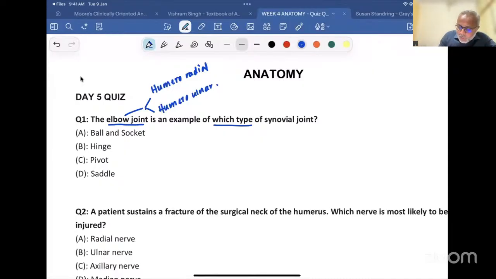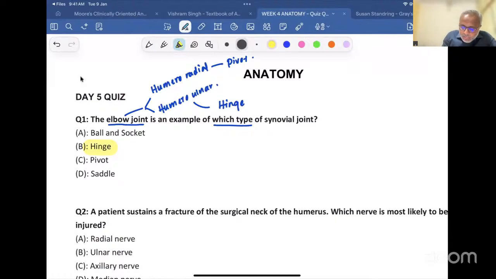Now, the humero-ulnar joint is an example for hinge joint. The humero-radial joint is an example for pivot type of joint. So when we choose the elbow joint as a whole, the answer that we usually pick is hinge joint. So elbow joint is an example for complex hinge joint.